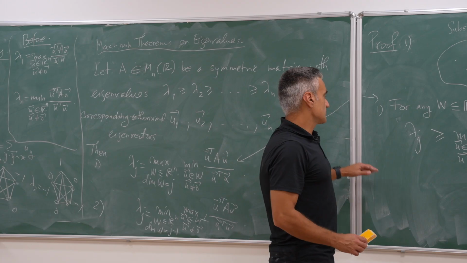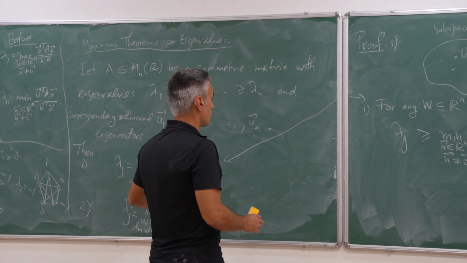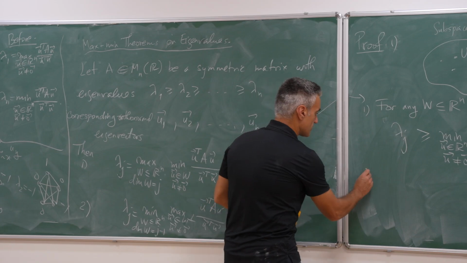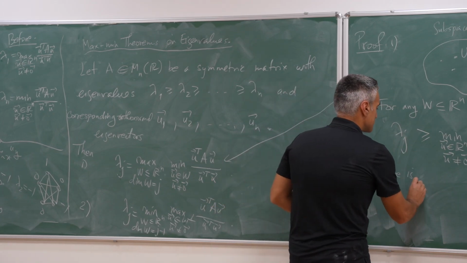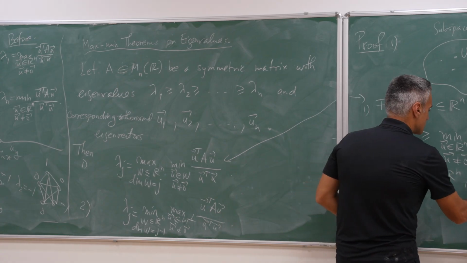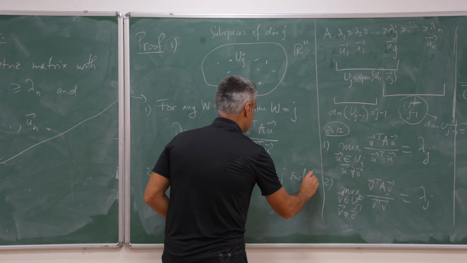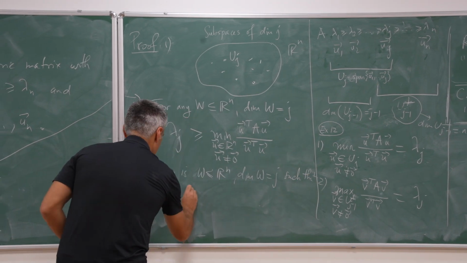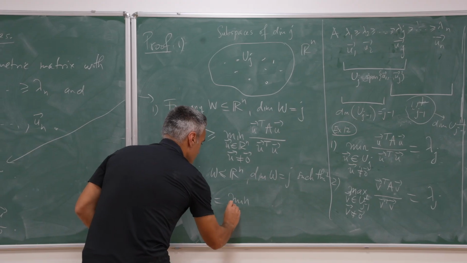So again, in order to prove this statement 1, we have to do two things. This one, and there is, so I'll write it like this: there is W subspace of Rn, dimension of W equals j, such that lambda j equals the min over u in Rn.